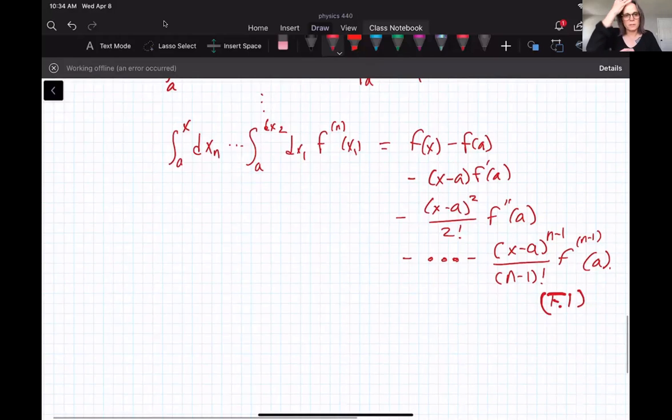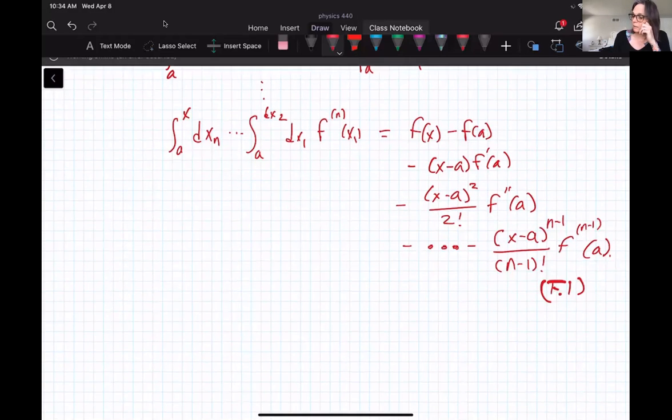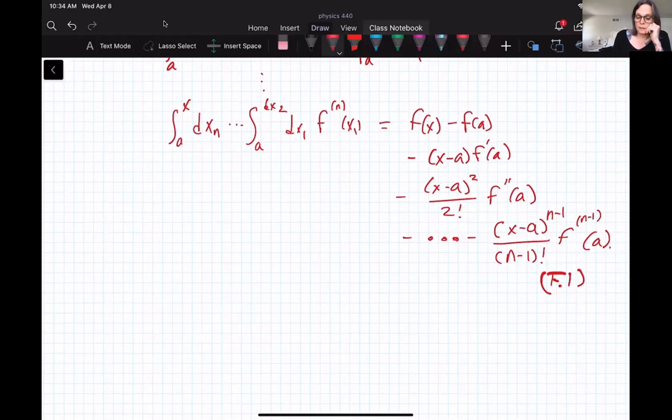Okay, so all we're doing is taking something that we know has a bunch of derivatives and breaking out that integration, paring it down, right?